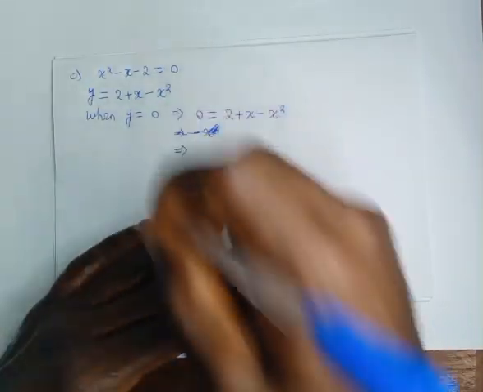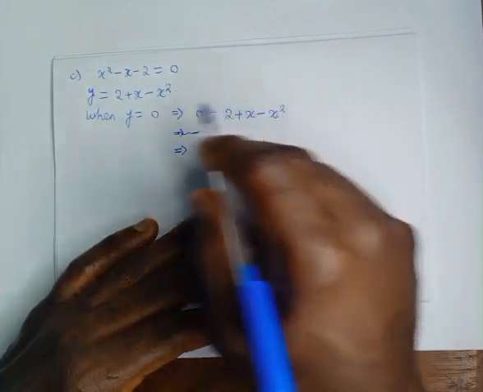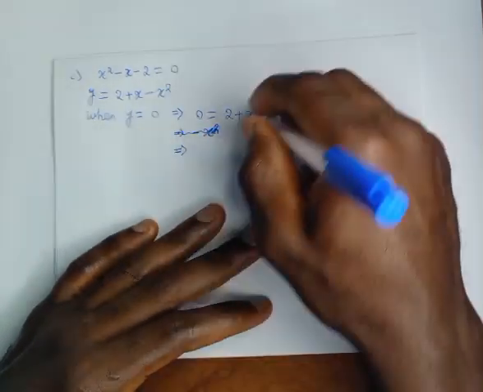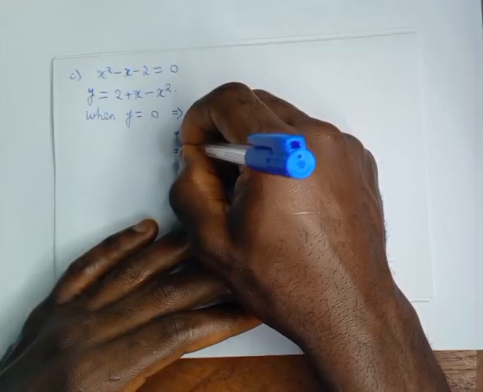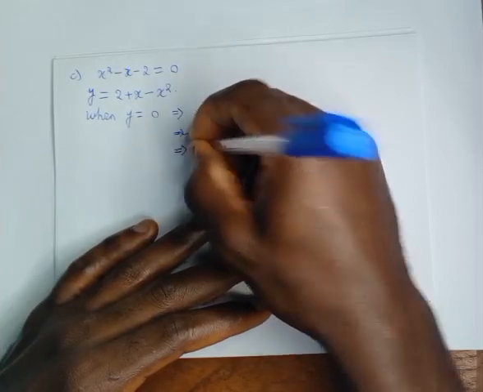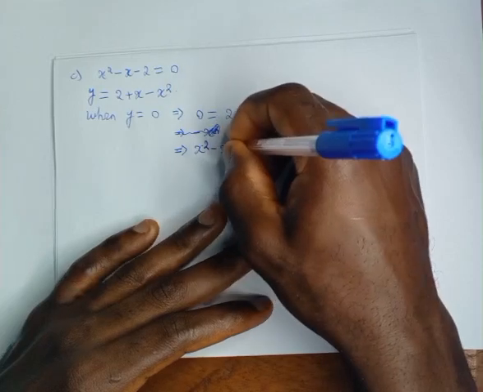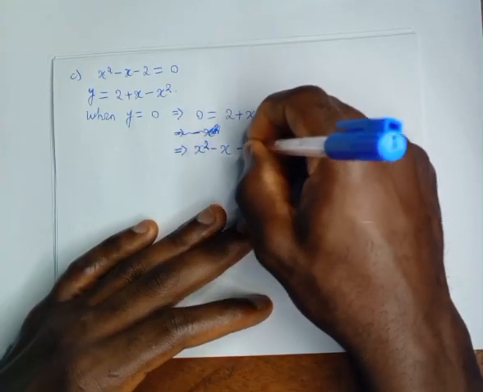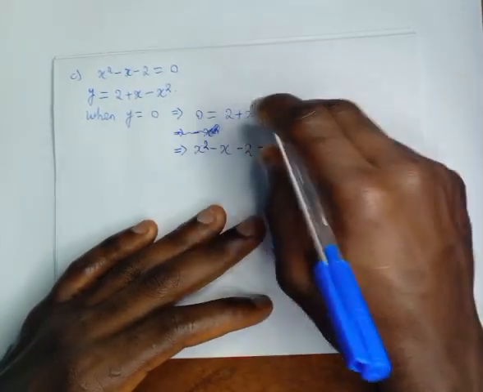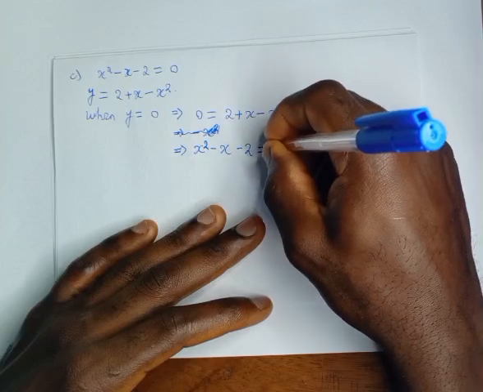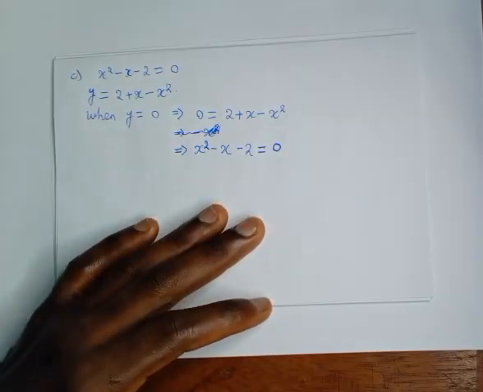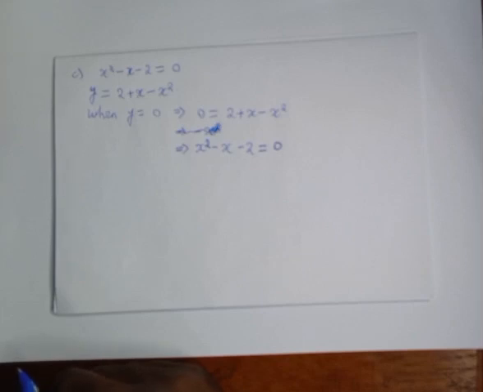If we transfer the terms to the left, negative x squared becomes positive x squared, x becomes negative x, 2 becomes negative 2, is equal to, the right hand side will be left with nothing, which is 0.